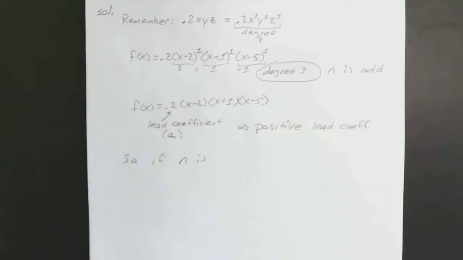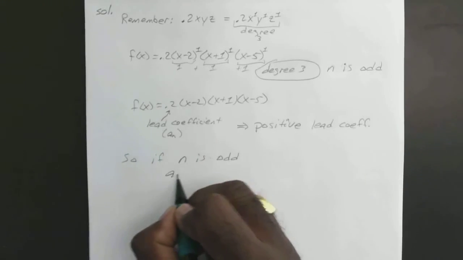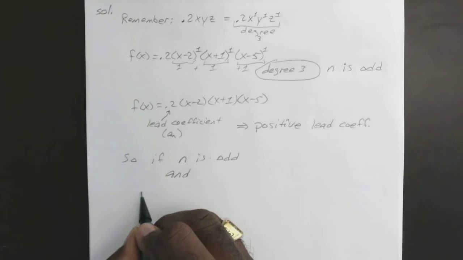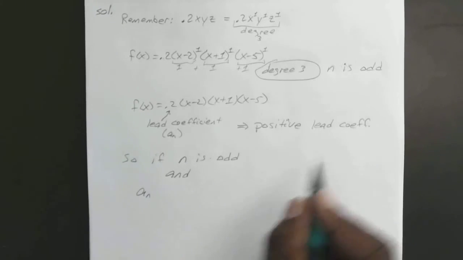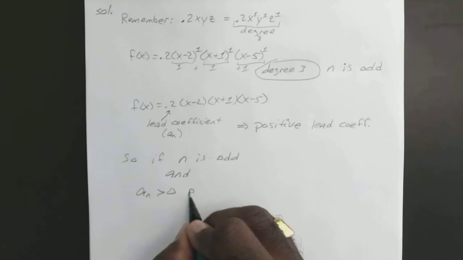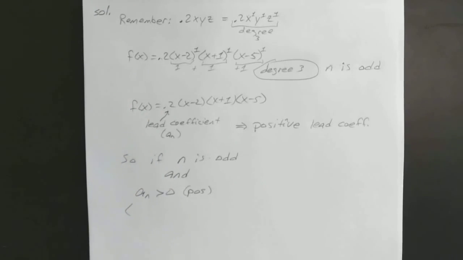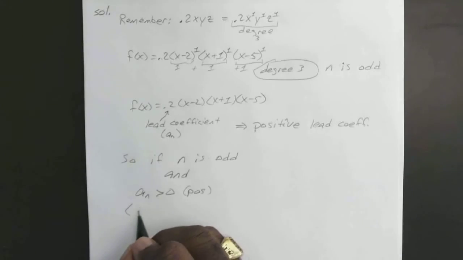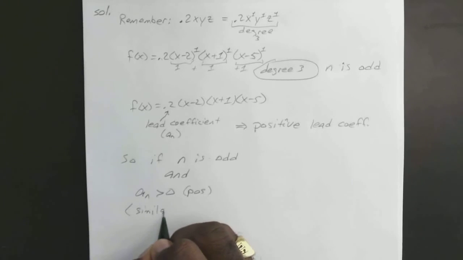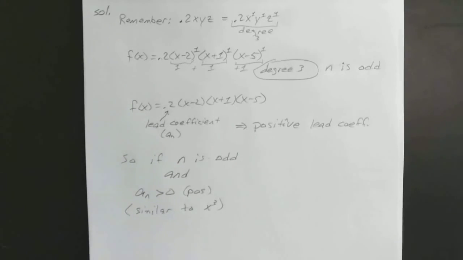So if n is odd, and a sub n, remember that's positive, is greater than 0, what does that sound like?